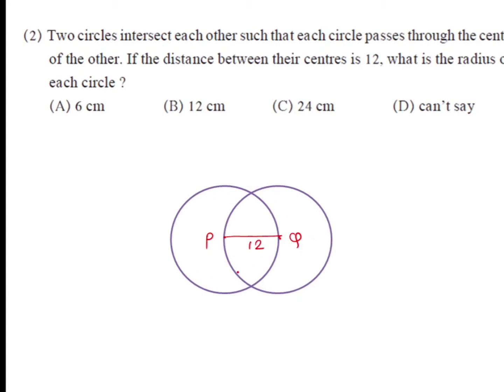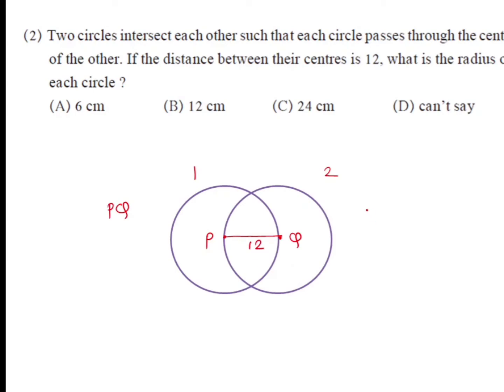Now as the diagram suggests, if we consider the first circle, for this one P is the center and there is a point Q which is on the first circle. So if we consider PQ for the first circle, PQ is the radius. In the same way, for the second circle, Q is the center and P is a point on that circle.